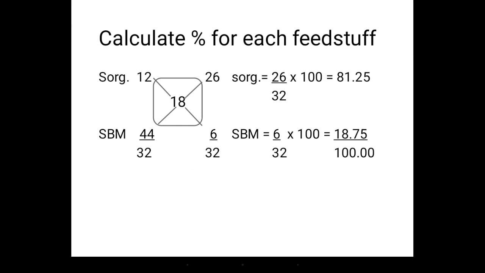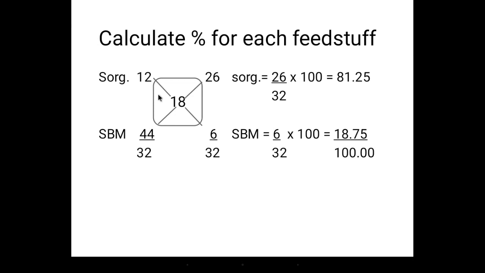To calculate the percentage for each feedstuff, we have 12 for sorghum, that is the crude protein level of sorghum, and we have 44% as the crude protein level in soya bean meal. So 18% is our target protein for the final ration that we are trying to produce.